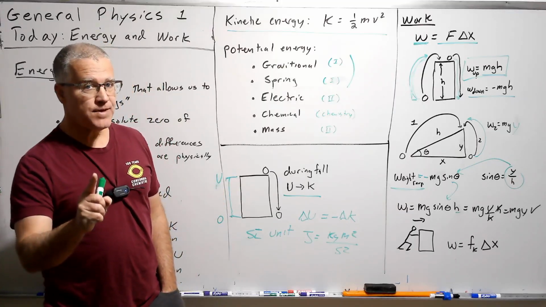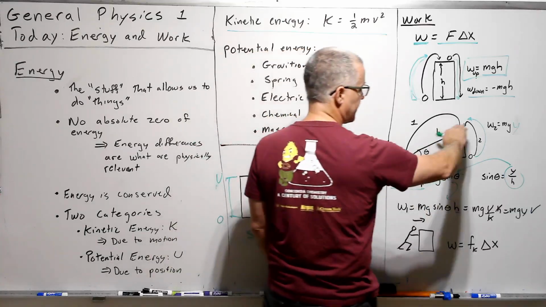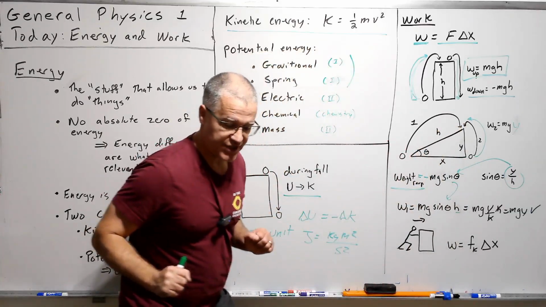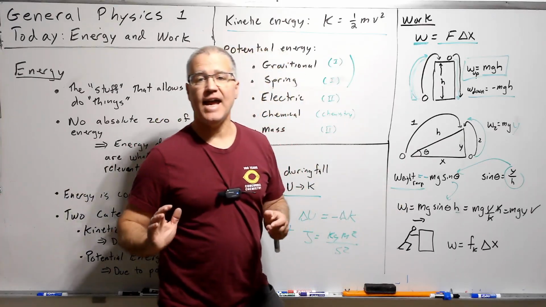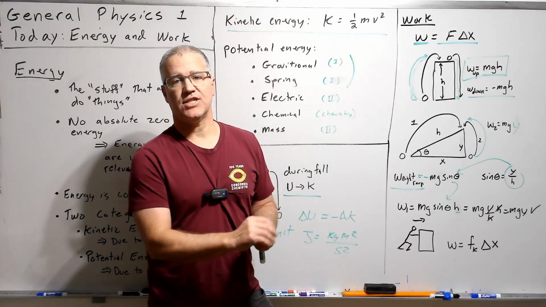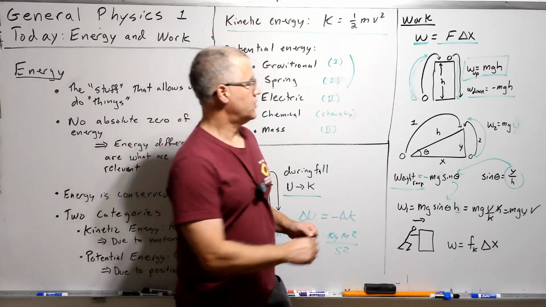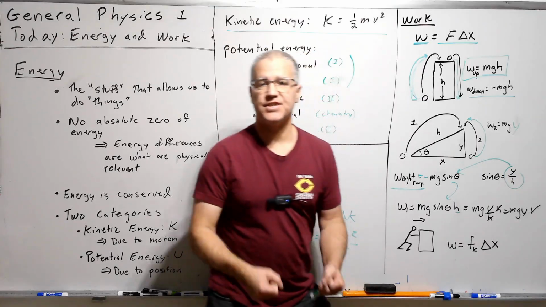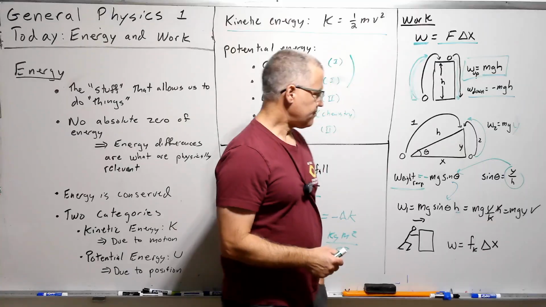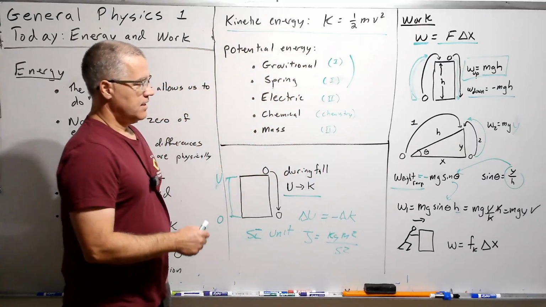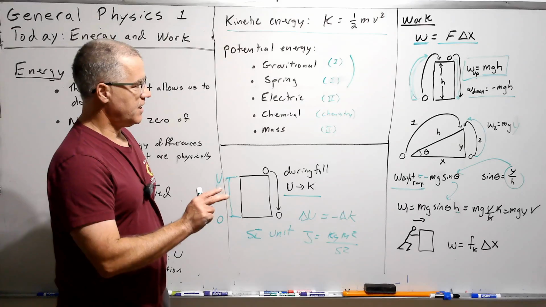Now, where this would become important is if this was not frictionless. If we were sliding that up, we would have to fight the weight and friction, in which case it will require more work to slide it up the ramp than to simply lift it up. So we have to be a little bit careful here.